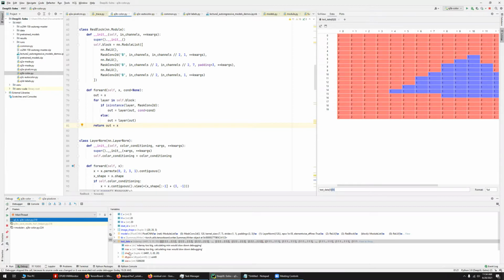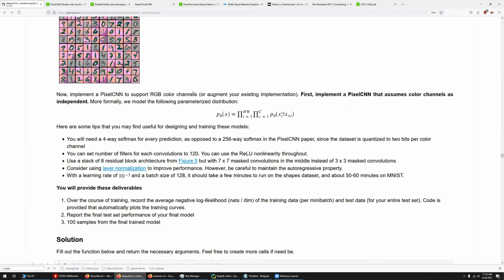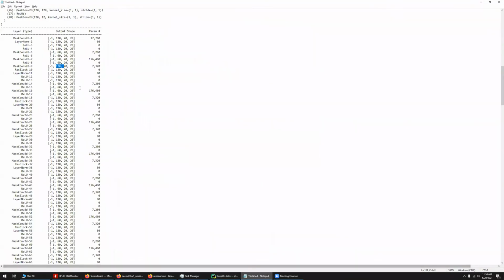So the objective of the homework was to say, okay, that all color channels are independent. But how is it doing that? So what we can see here is that when we look at the model, we start with input.